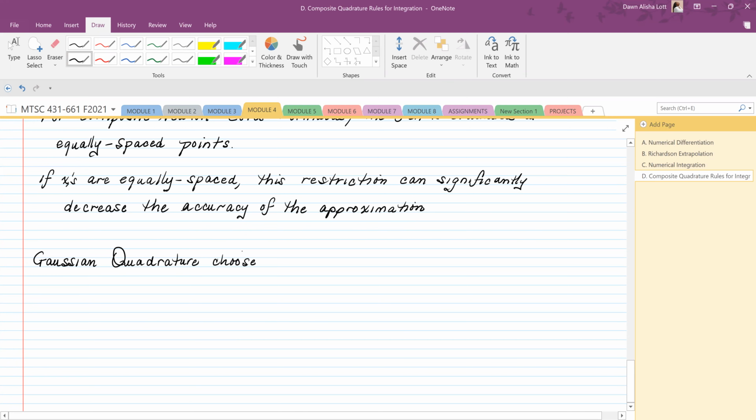You don't even know the integral, but your quadrature points have already been chosen for you. Okay, so Gaussian quadrature chooses the points for evaluation in an optimal rather than equally spaced manner.